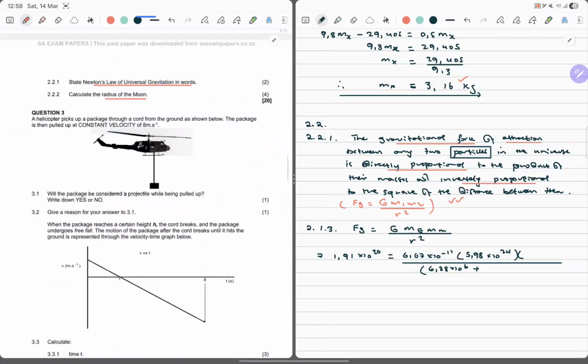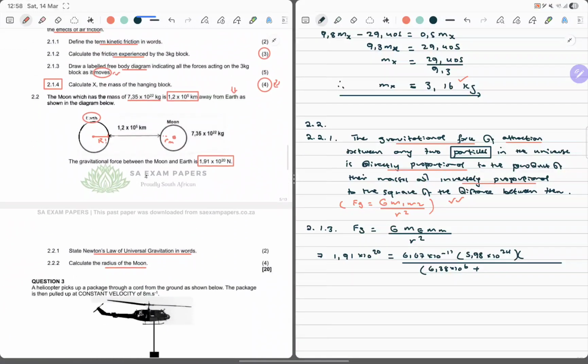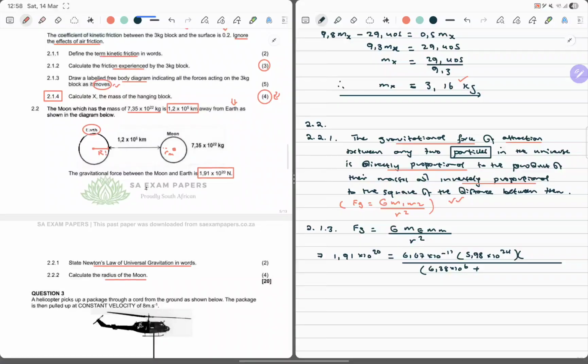So we can now leave our business here. Please, guys, do not lose these marks. So we're going to take the distance between them and add it here as 1.2 times 10 to the exponent 5 plus the radius of the moon squared.